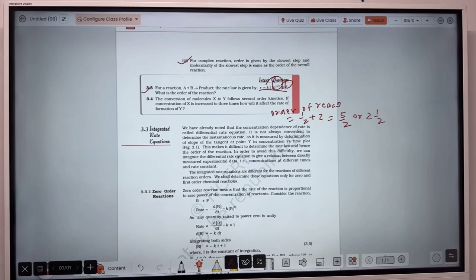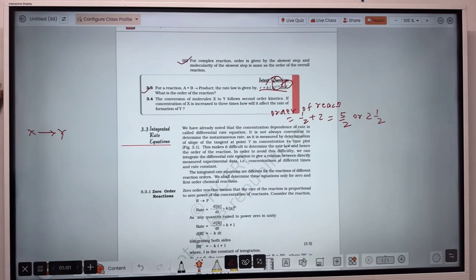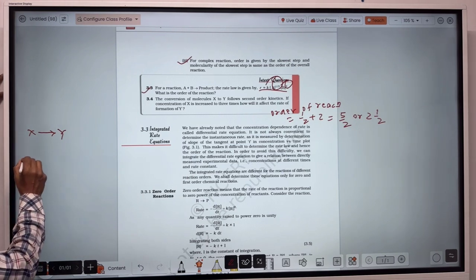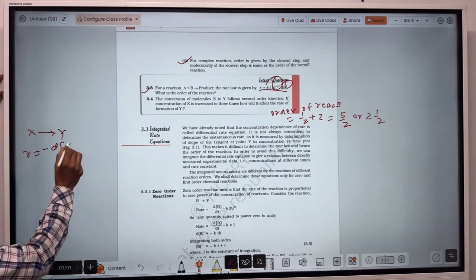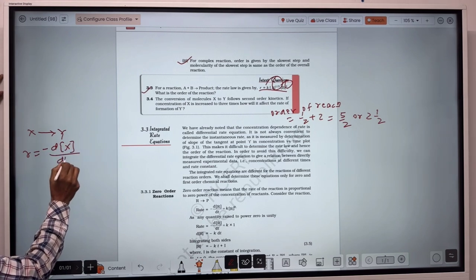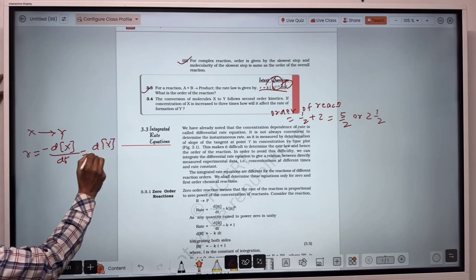So let's see guys, watch out carefully. The reaction is X converting into Y. Here the rate of reaction is -dx/dt, that is also equal to dy/dt.